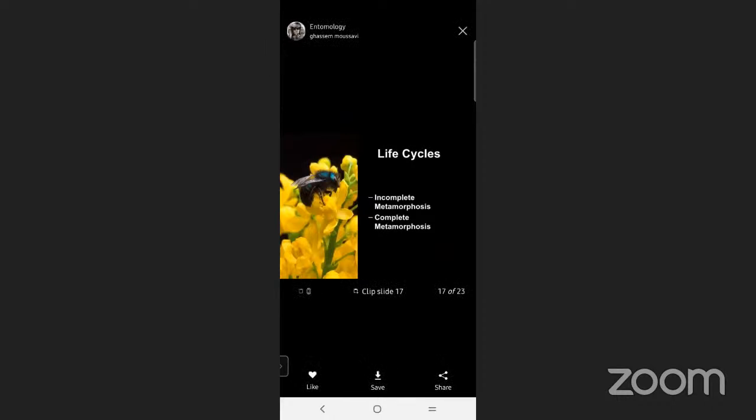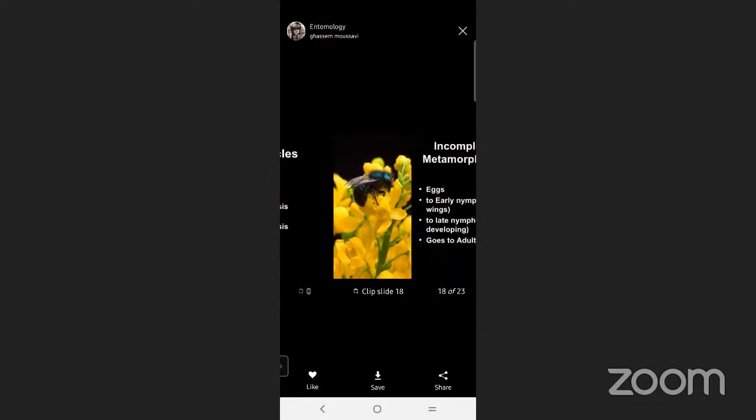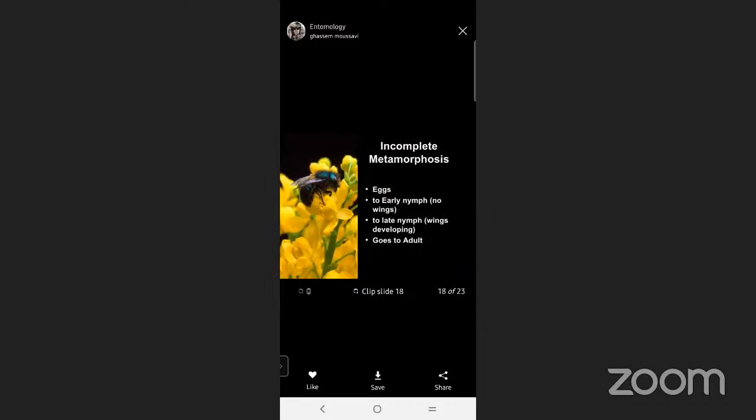So we have life cycles like incomplete metamorphosis and complete metamorphosis, which we see usually in the life cycle of insects. That is the egg stage, nymph stage, wing stage, and the adult stage. We have studied earlier in classes, egg, and what is a nymph?